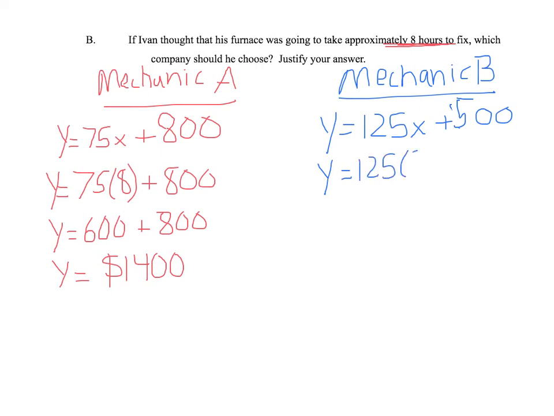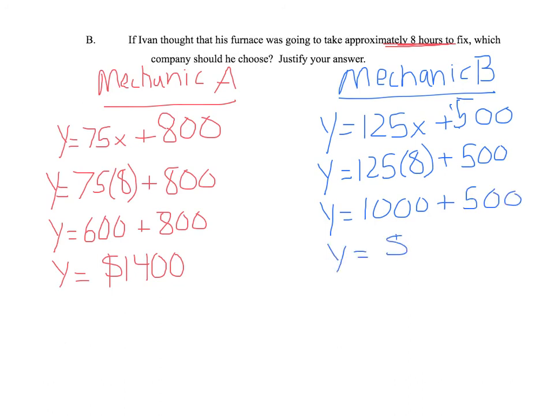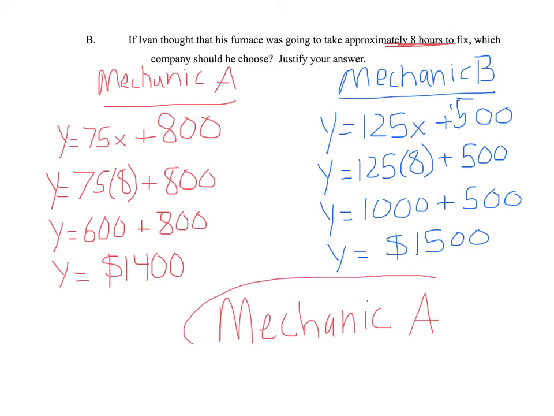So y equals 125 times 8 plus 500. Y equals 125 times 8 is 1,000 plus 500, or y equals $1,500. So mechanic A costs $1,400, mechanic B costs $1,500. So Ivan would want to choose mechanic A because he's cheaper. So that's the answer to the last problem.